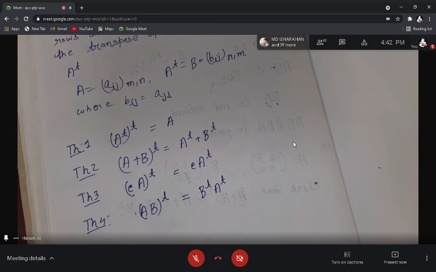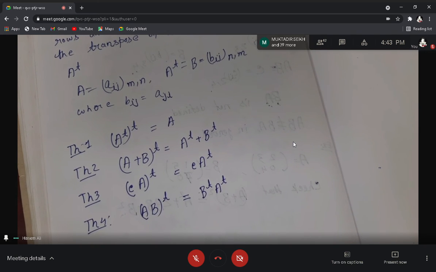Now, what is a symmetric matrix and a skew symmetric matrix?